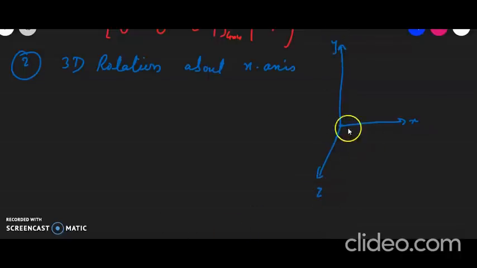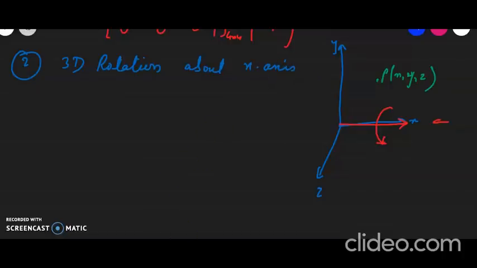Now we are going to see rotation about x-axis, looking into the object from this direction, that is x direction, and rotating it in an anti-clockwise direction. So any point P(X, Y, Z) on my 3D coordinate system, taking x-axis into consideration, I will perform the rotation in this direction. So my point will either go to YZ plane or else to XZ plane. So that is 3D rotation about x-axis.